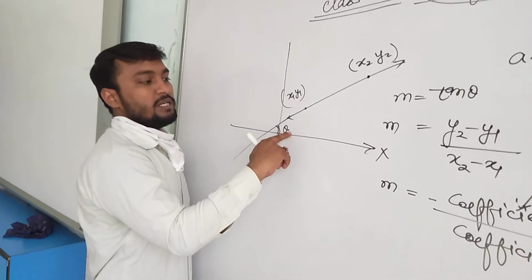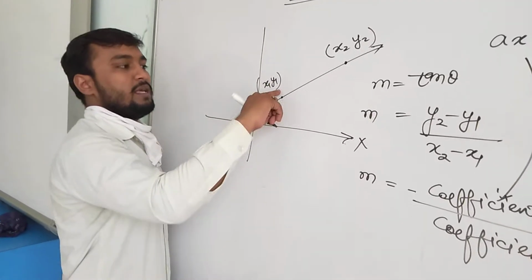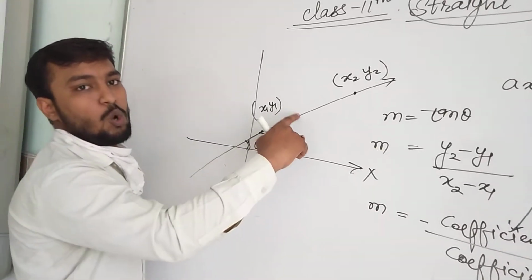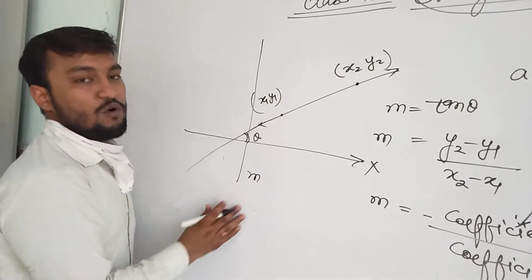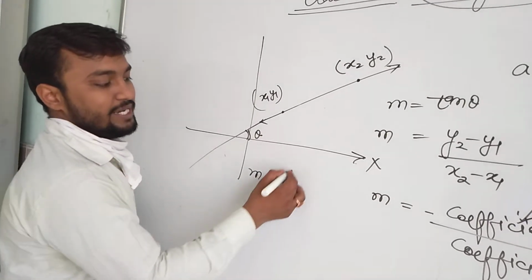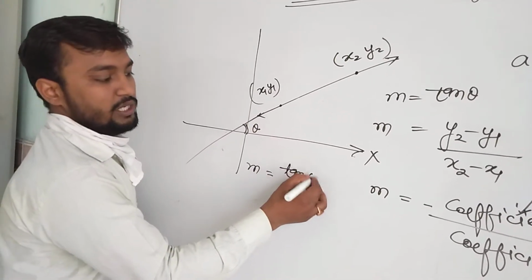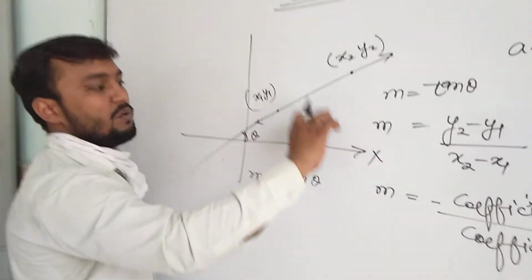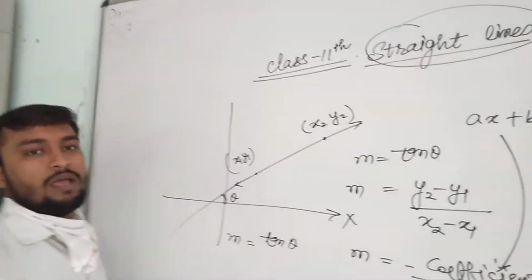The tangent of this angle that the line makes with the positive direction of x-axis is known as the slope of this line. Slope is denoted by m. m is equal to tan theta, where theta is the angle that the line makes with the positive direction of x-axis.